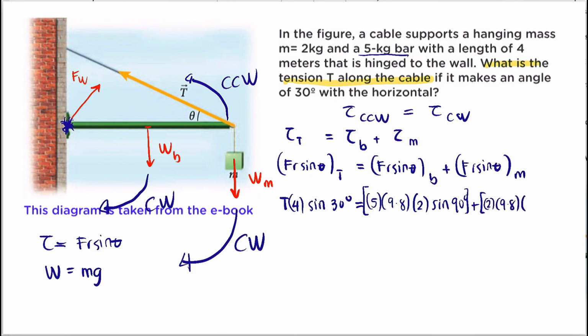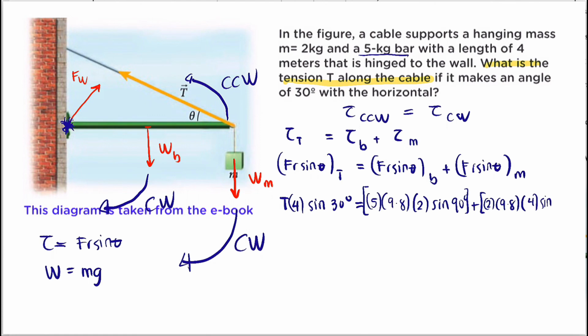Now the R would be the distance between the pivot point and the point where the force is exerted. So since the hanging mass is hanged at the very end of the bar, so therefore this R right here, or the distance between the point where the force is exerted and the pivot point or the axis of rotation, is going to be the length of the bar, and that is equal to 4 meters sine.